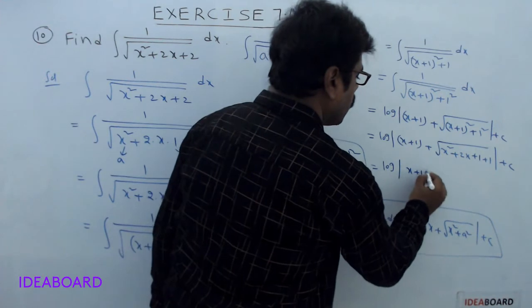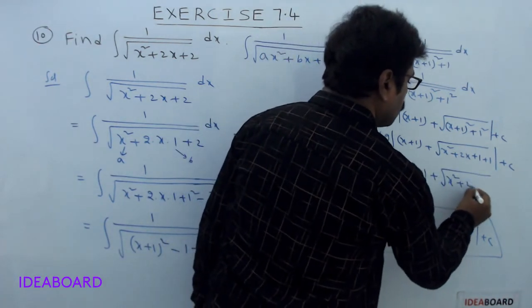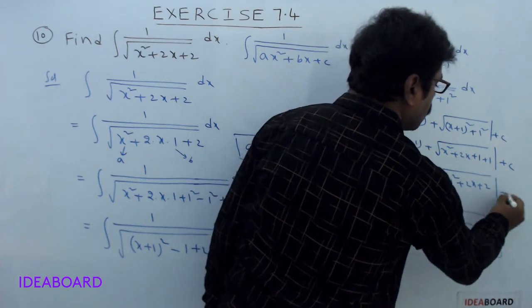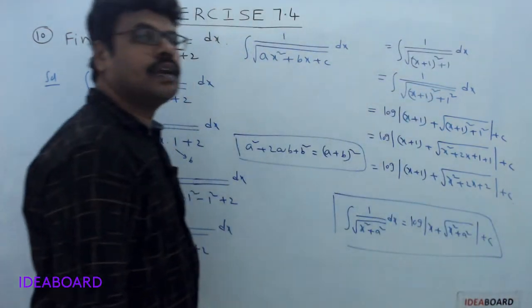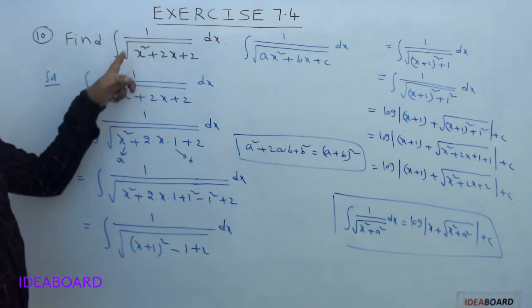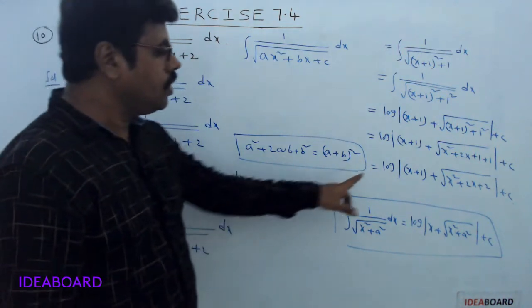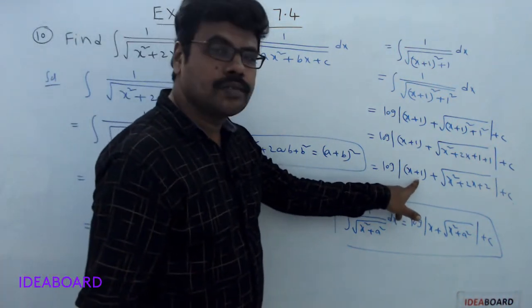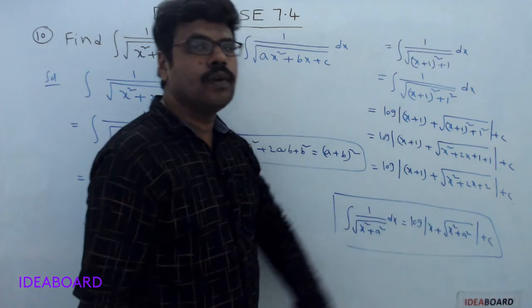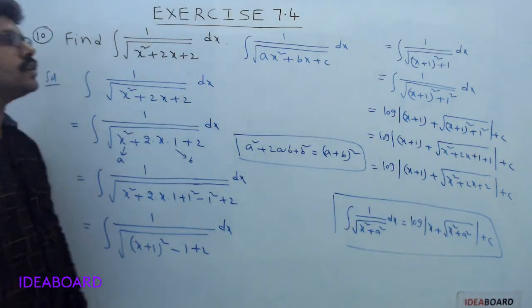Log mod x plus 1 plus square root of x square plus 2x plus 2 plus some constant c. Therefore integral 1 divided by root of x square plus 2x plus 2 dx equals log mod x plus 1 plus square root of x square plus 2x plus 2 plus a constant c.